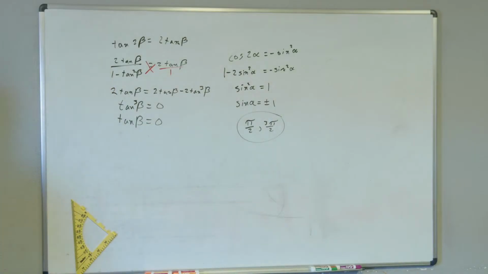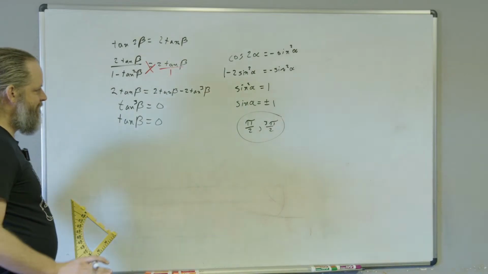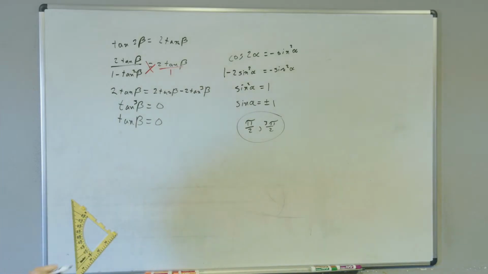So the answer is 0. Wait, when is tangent 0? It's plus or minus 0. No, it's cubed, you wouldn't do plus or minus. There's no plus or minus. Oh, yeah. Pi and 2 pi.